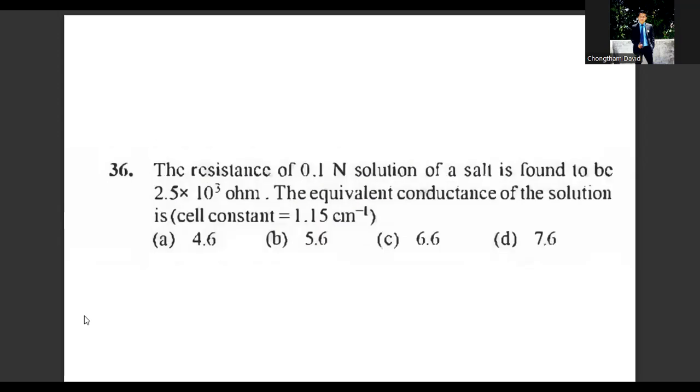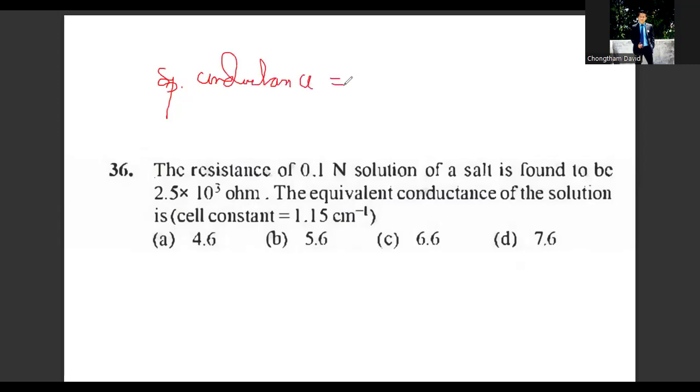Let us continue. You know, the secret of success is consistency. Moving on to question number 36. The resistance of 0.1 normal solution of a salt is found to be 2.5 into 10 to the power 3 ohm. Find the equivalent conductance of the solution, the given cell constant is 1.15 centimeter inverse. Now, specific conductance is, you remember this formula?